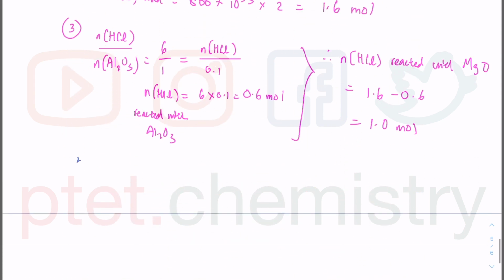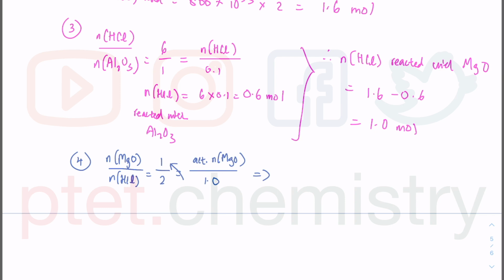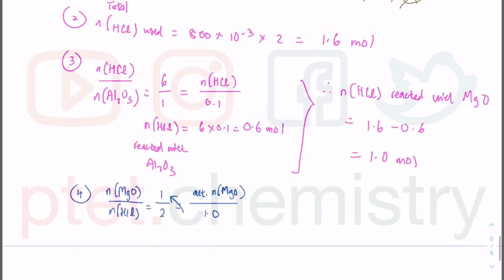1 MgO is to 2 acid. So the mole of MgO is to the mole of acid. 1 MgO is to 2 mole of acid. I want the actual mole of MgO. That is my final piece in this MCQ question. Put 1.0 down there. I'm starting to run out of space at the bottom there, so let me think if I can move some stuff up.